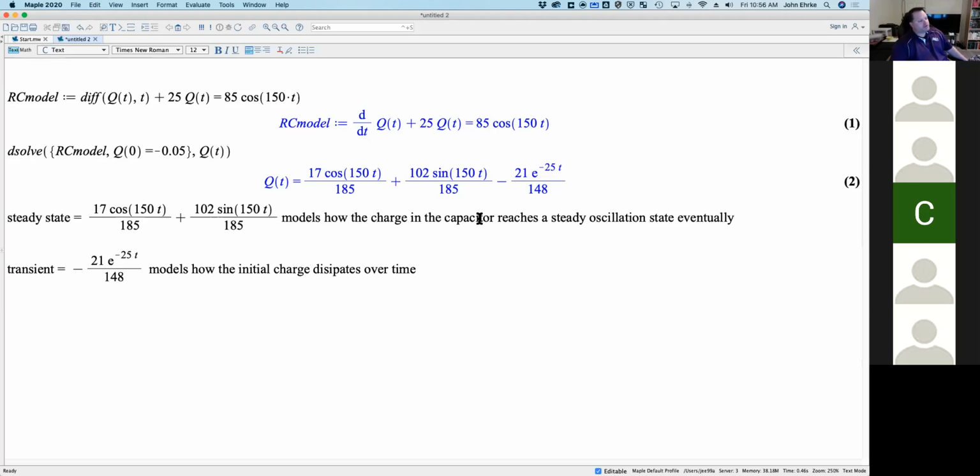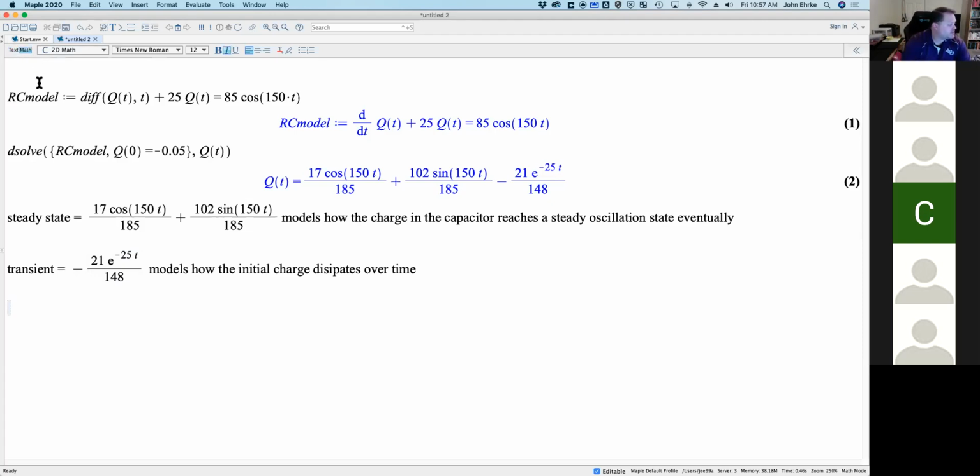Whatever initial charge there was on the capacitor, the transient part of the solution models how that initial charge dissipates over time. Let's just see a plot of it. This will make a lot better sense if we plot it.